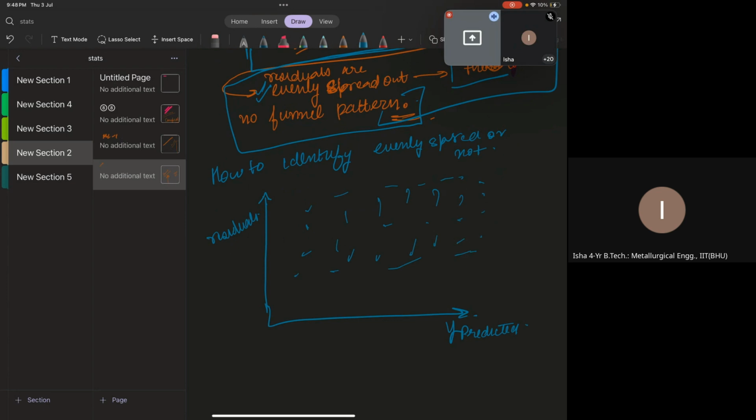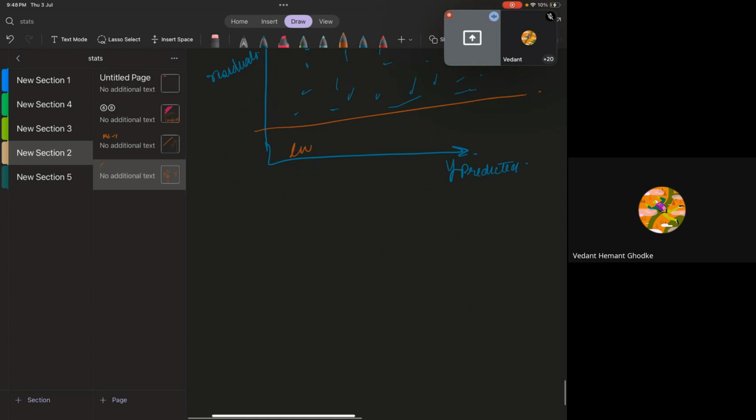Do they look evenly spread out? Evenly spread out. And that is homoscedasticity. Clear, everyone? Till here?